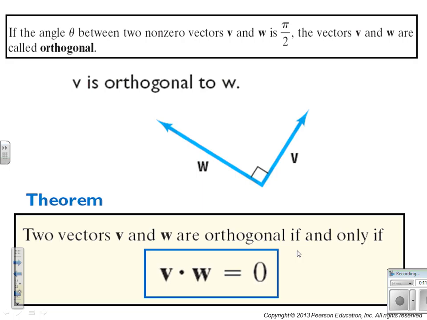We can tell if two vectors are orthogonal if when we take the dot product, we get out 0. We take the dot product of two vectors and get out 0, then we can say, yes, they're definitely orthogonal.